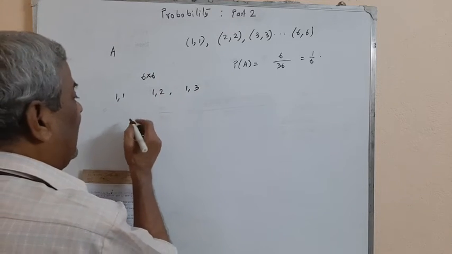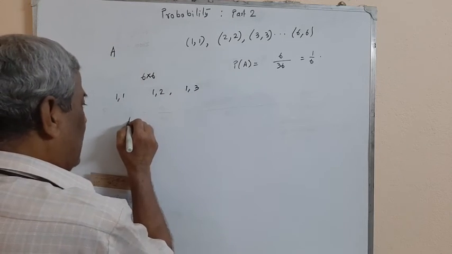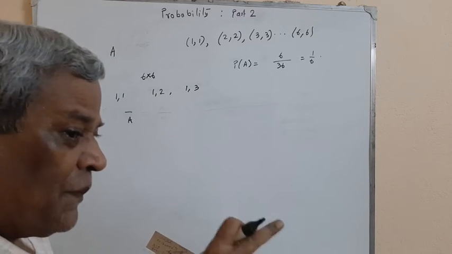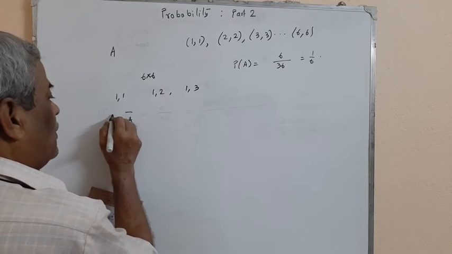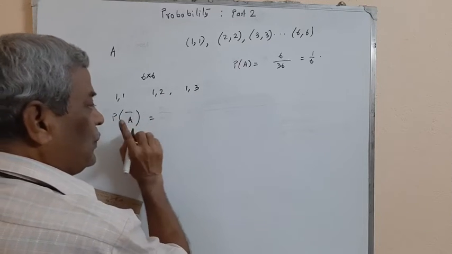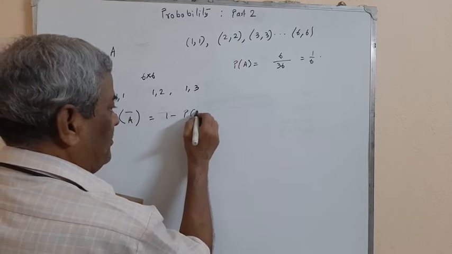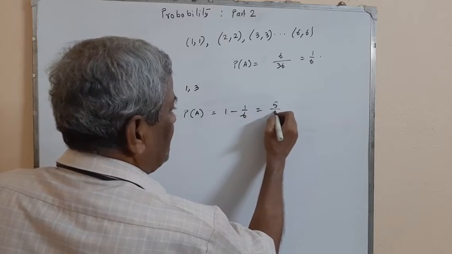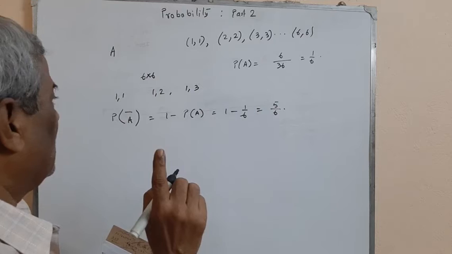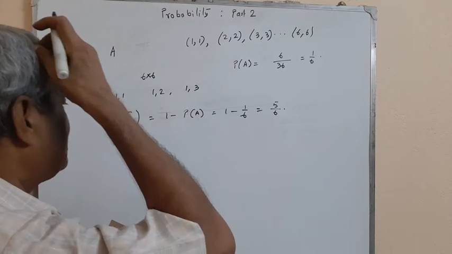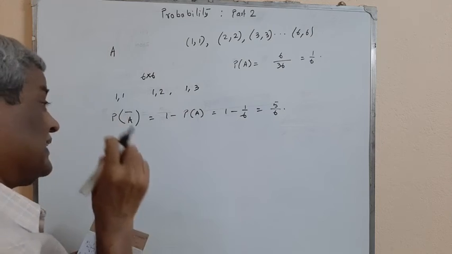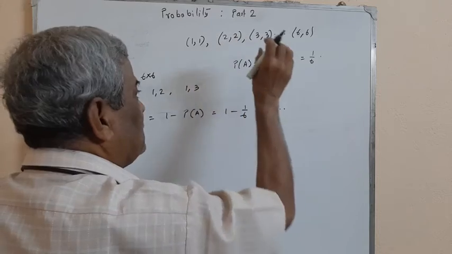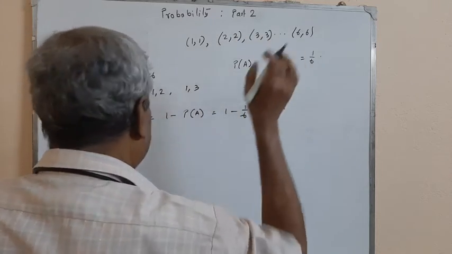So if A is that event, A bar is the event which will not show same faces. So we want probability of A bar, which is equal to 1 minus P(A). So it is 1 minus 1 by 6, so it is 5 by 6. So the probability that the two faces will not be same is 5 by 6, and that all faces will be same is 1 by 6.